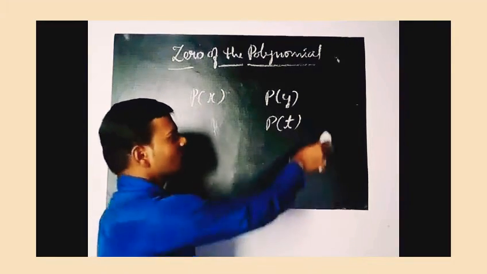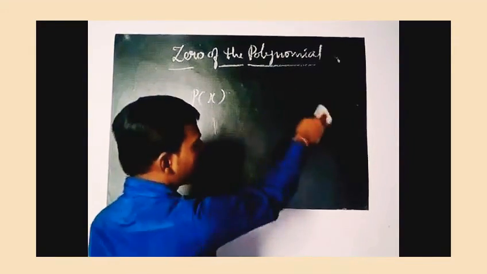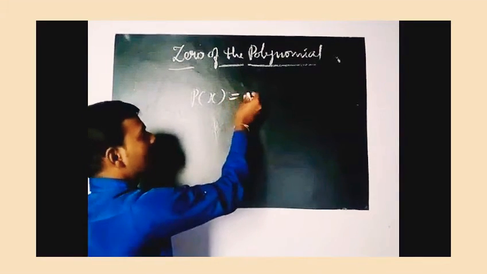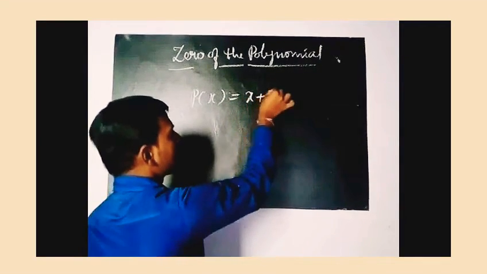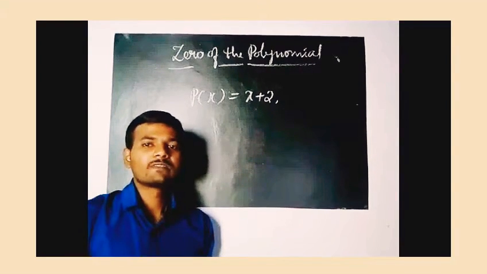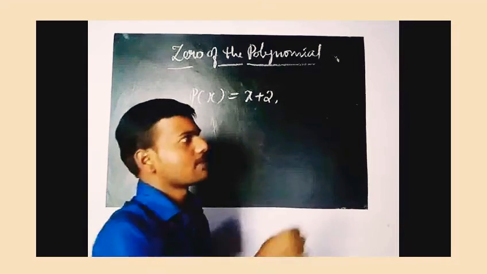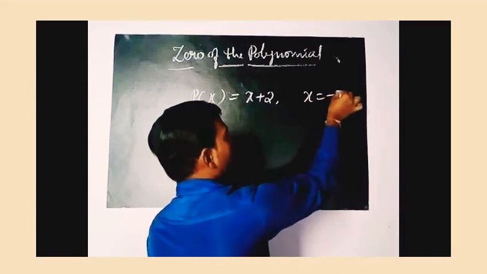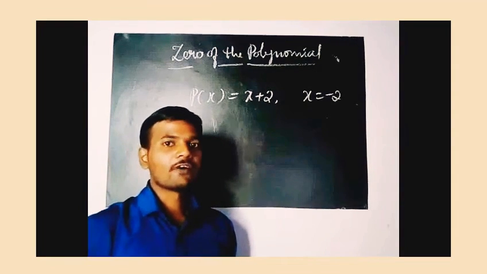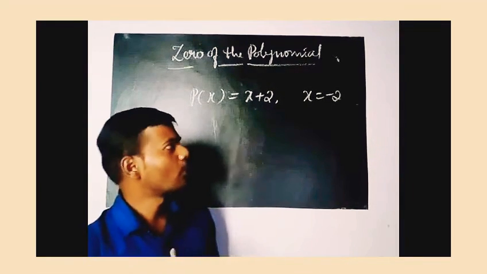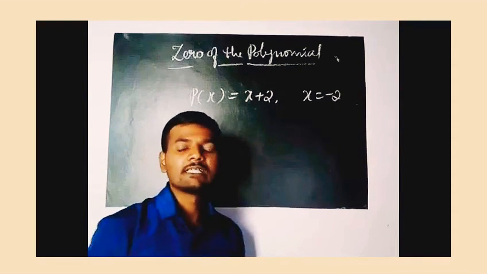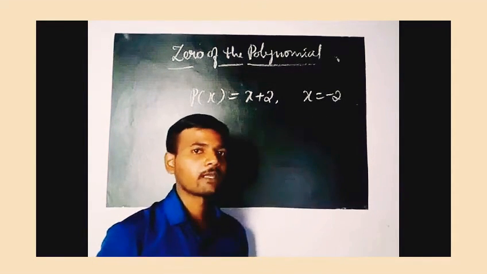Now let me consider an example. P of x is equal to x plus 2. Check whether the polynomial becomes 0 for x is equal to minus 2. If we put the value x is equal to minus 2 in the polynomial and it becomes 0, then we say that it is the zero of the polynomial.